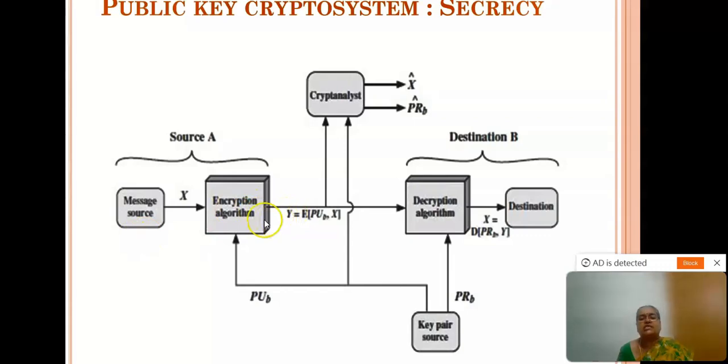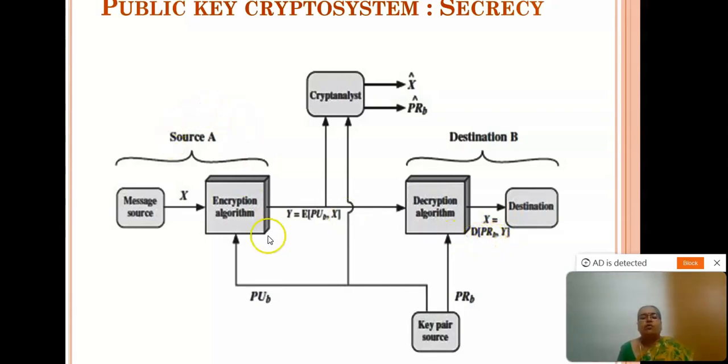This Y is transferred over the network and received by the receiver, who decrypts the Y value using his own private key, which is kept secret by him. The original message X is obtained by decrypting Y using the private key PRB with the decryption algorithm.